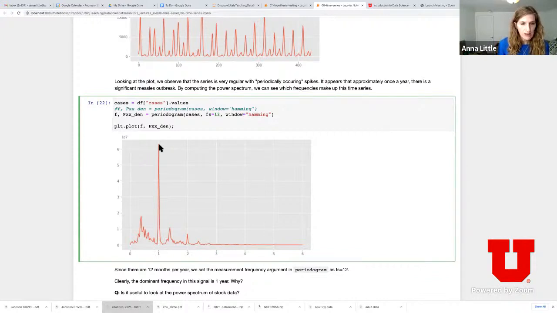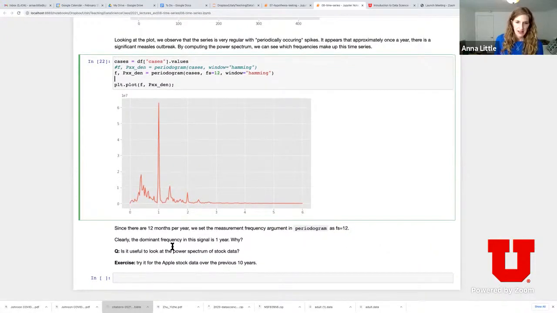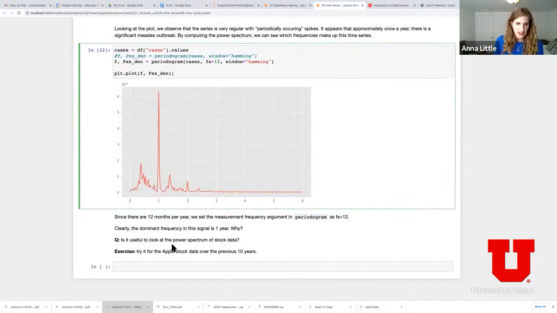So we have a really strong yearly frequency in this data, and then we've got some smaller frequencies and a few larger frequencies, and then after about 3, it just kind of tapers out. Okay, so since there are 12 months per year, we set the measurement frequency argument to 12, as we discussed, and it's natural that this is a year.